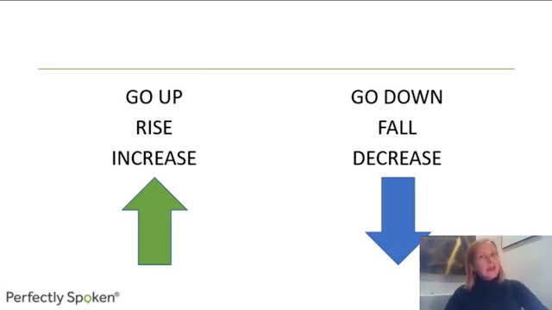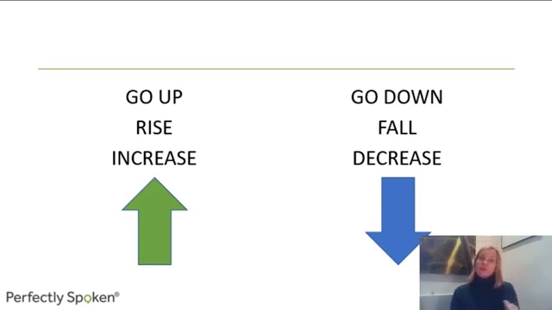Now, interesting information. Rise and increase are verbs, but they can also be nouns. That's just extra information. Today, we're going to use them as verbs, okay? All right. Now, next one.